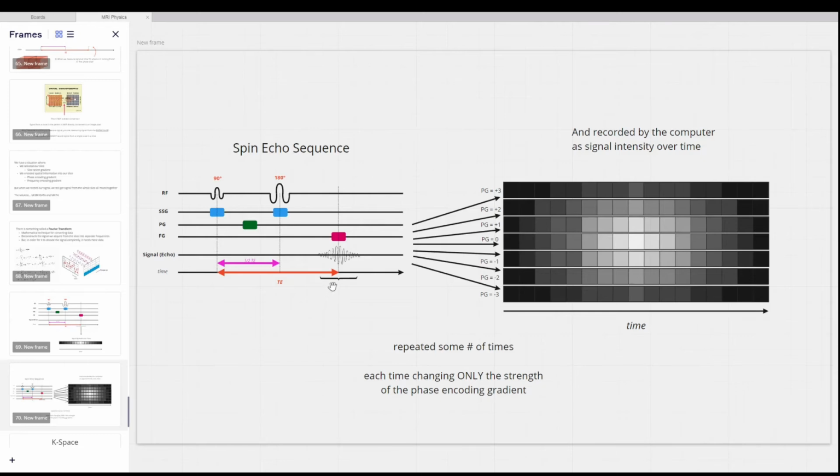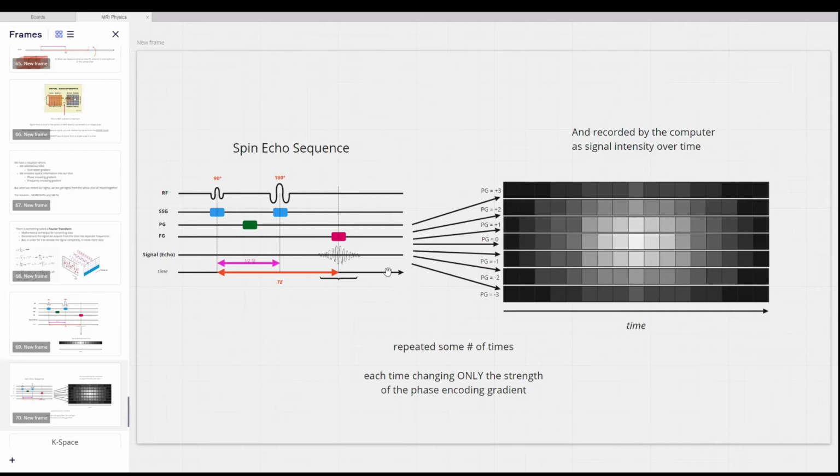What we actually have to do is run this sequence that we talked about multiple times to get enough data for the computer to be able to deconstruct that messy signal into something that makes sense.